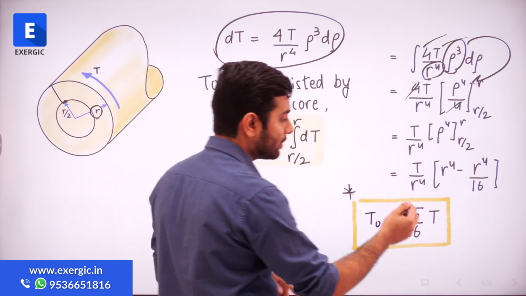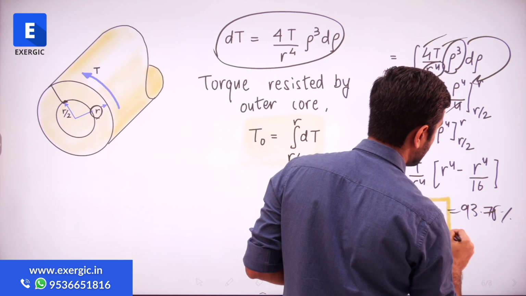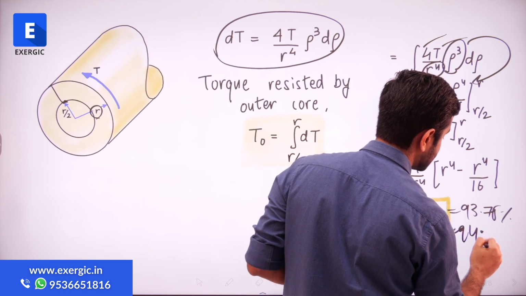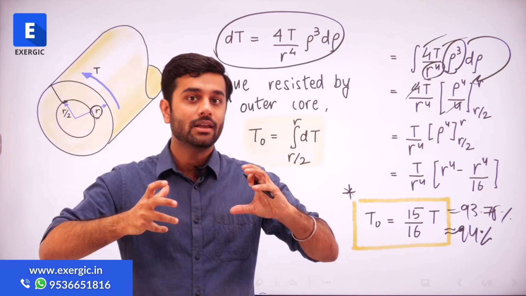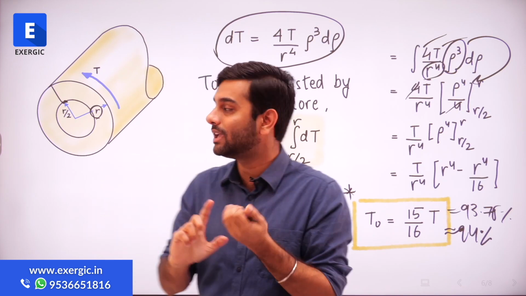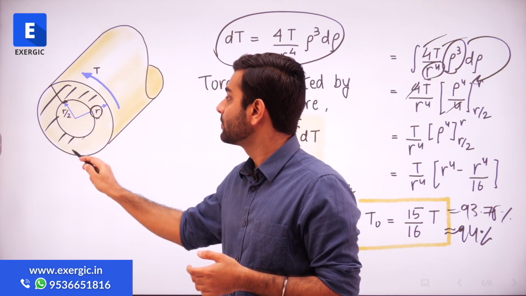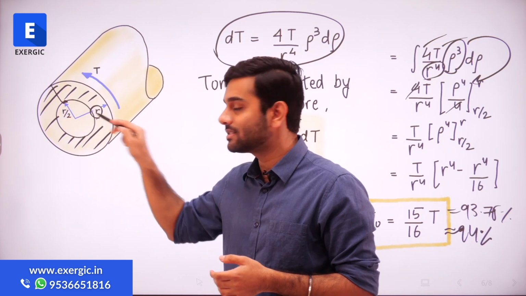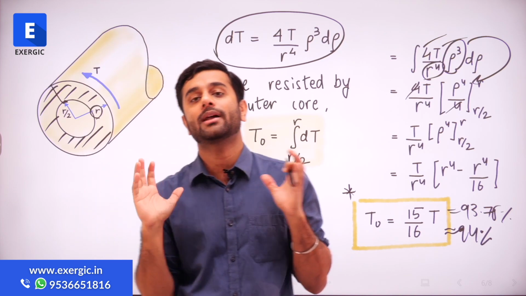If I convert that into percentage, I think it's 93.75%, almost 94%. What is it telling you? You are applying a torque T. Almost 94% of that torque is being resisted by this outer core only. So the inner core is resisting only about 6% of the torque applied.